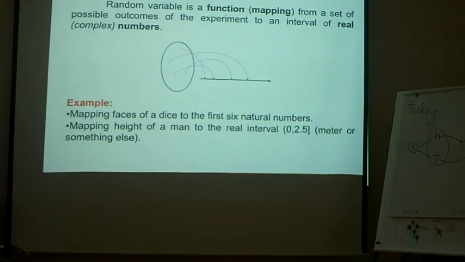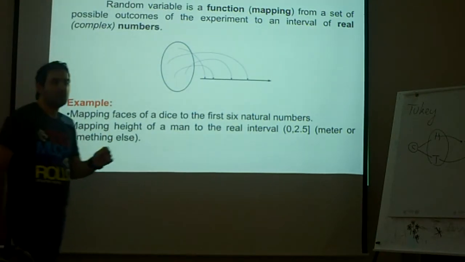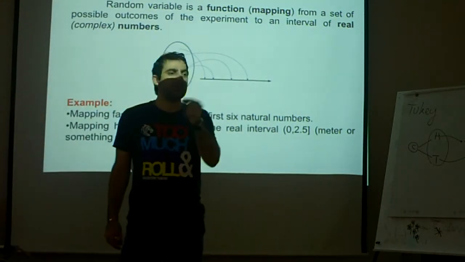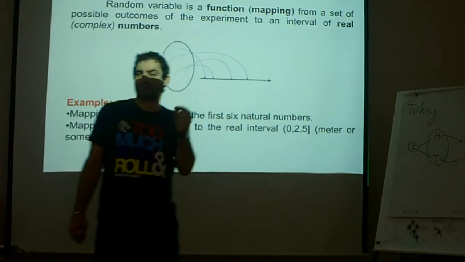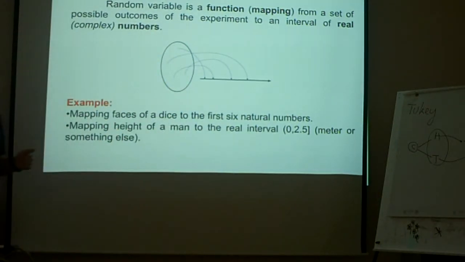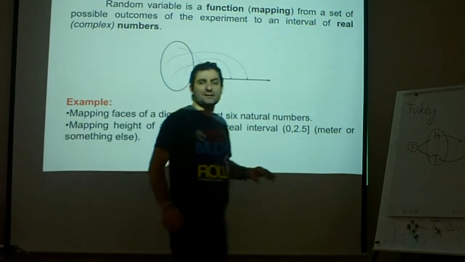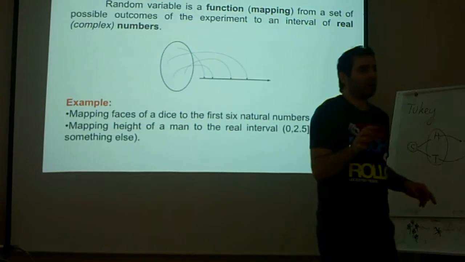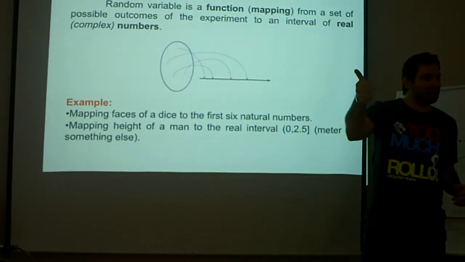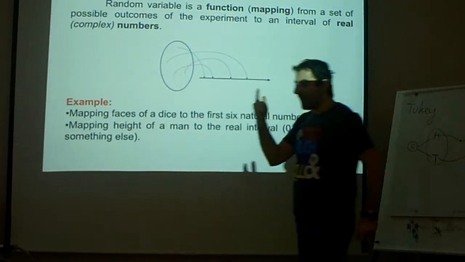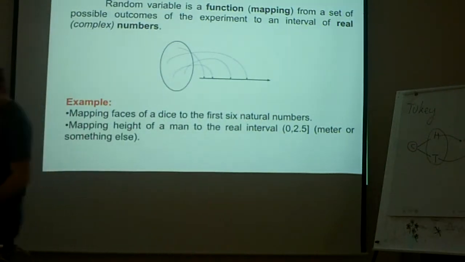We can have someone who is 1.37, and then someone who is 1.36, or someone who is 2.01. So it means that this is continuous. The reason we put these examples is that in this course we want to talk about discrete random variables and continuous random variables.